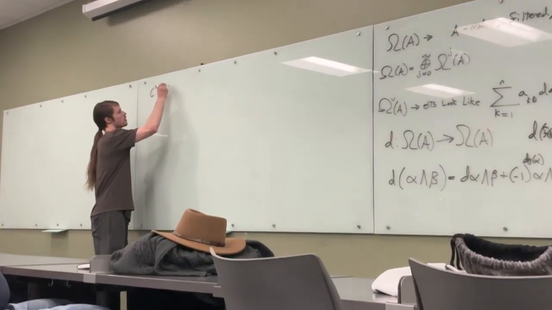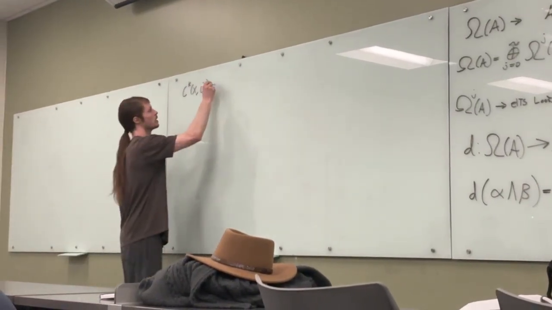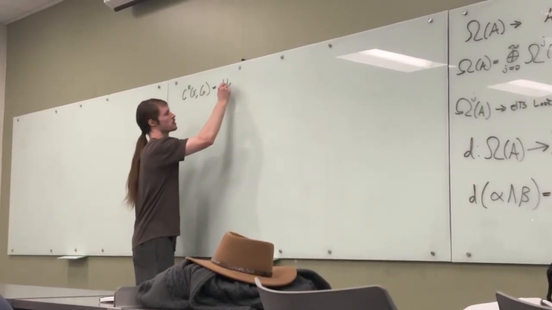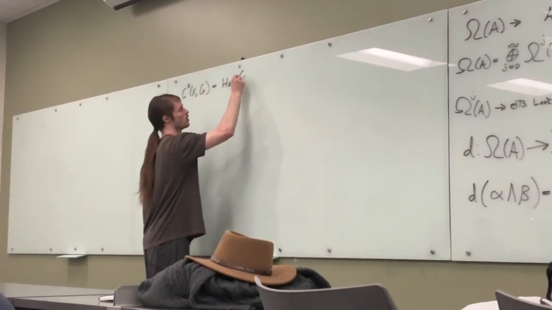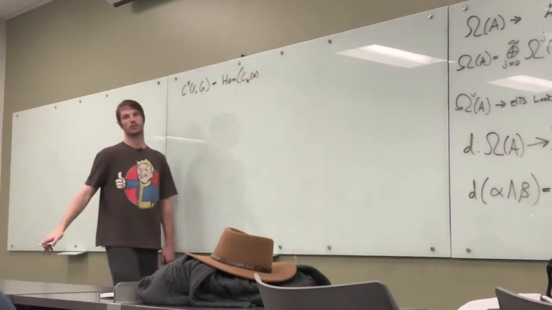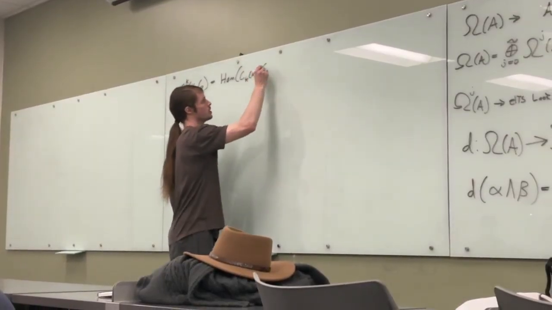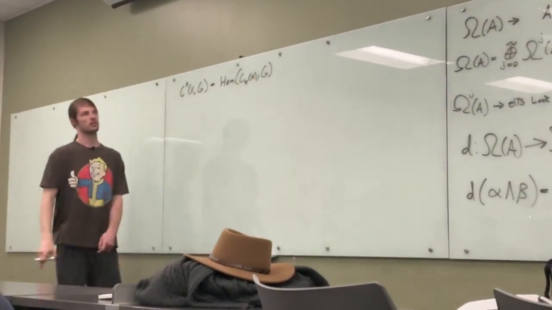So I'll go ahead and stick G, an abelian group. And this is simply going to be the homomorphisms from our original k-chains into G, just an abelian group, so we can talk about homomorphisms. So at every level we get this.